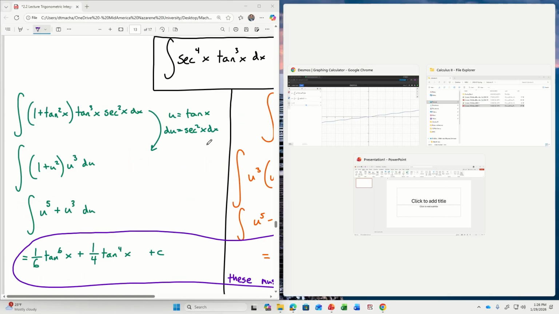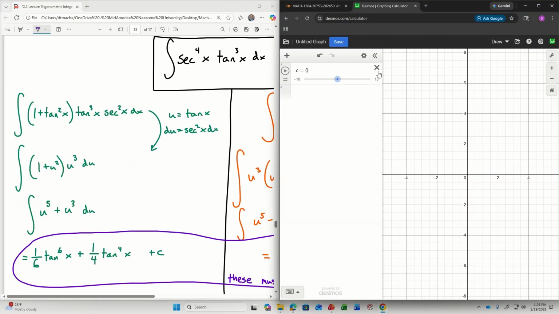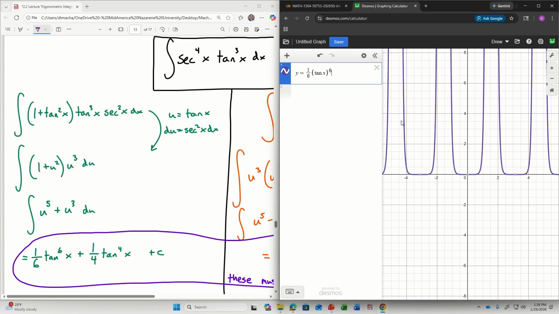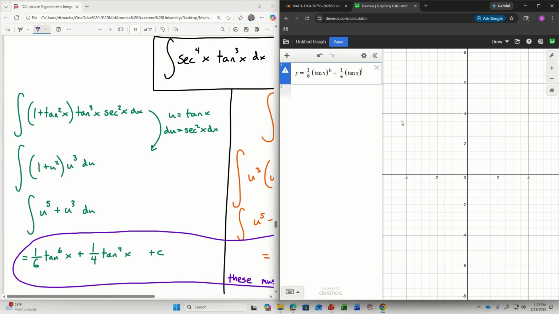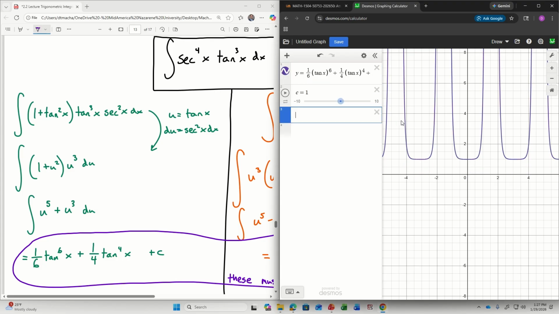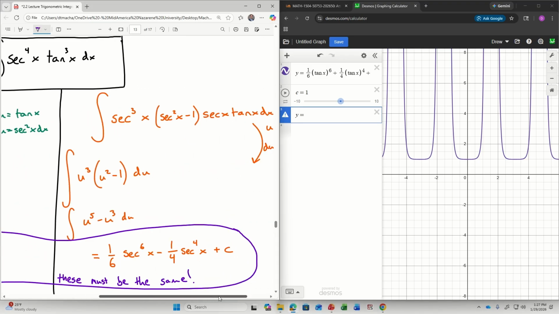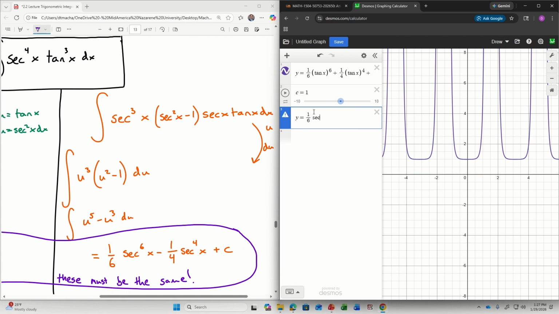We could check and make sure they're the same. And type in y equals 1/6 tangent x to the 6th power plus 1/4 tangent x to the 4th power plus c. And then we'll type in on the other side. The plus c's do not have to be the same constant, by the way. Right?